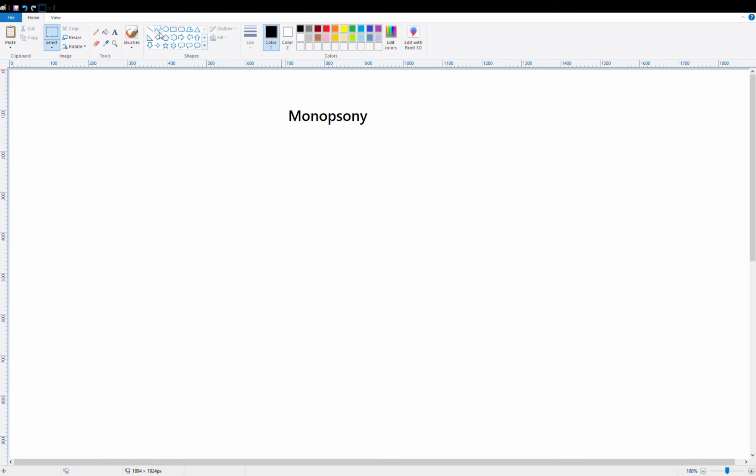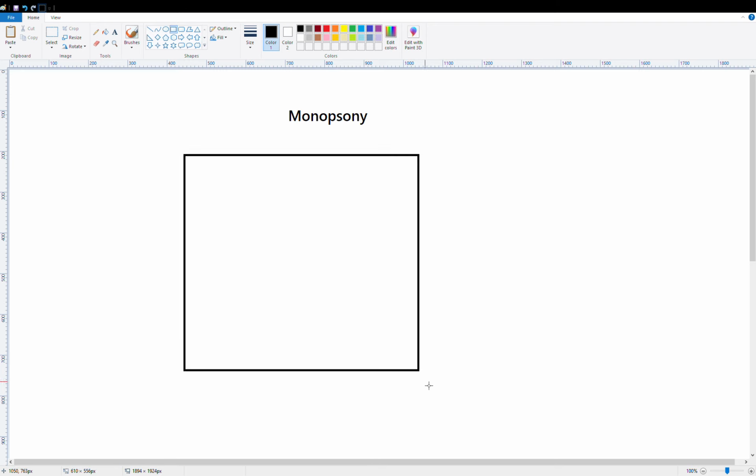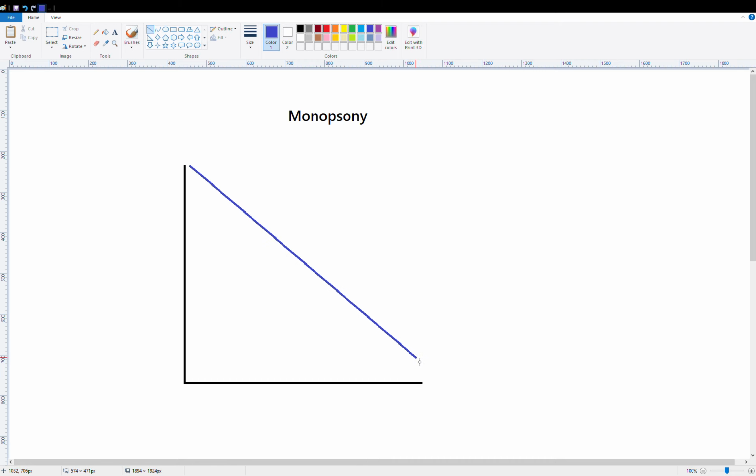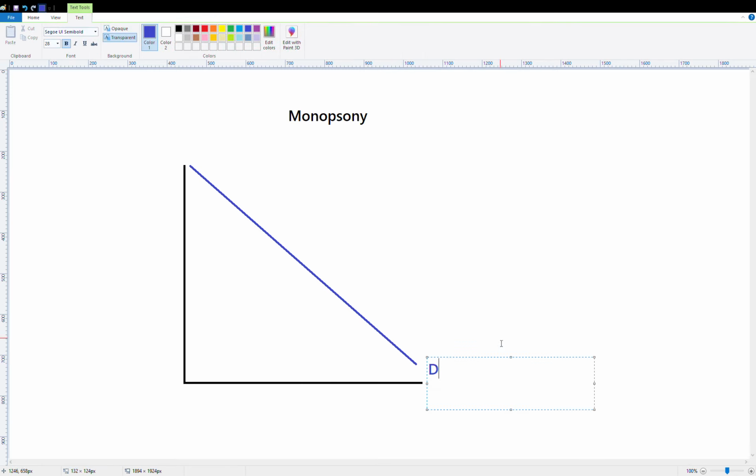So let's just review. Usually in a monopoly, the demand curve goes like this.